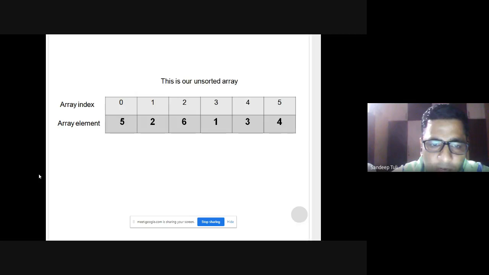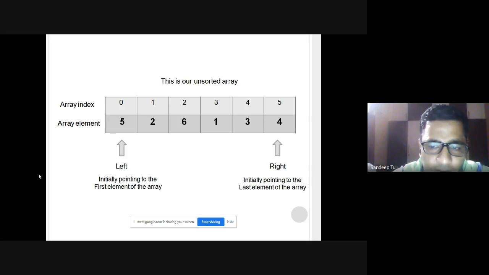Okay, now what we need to do? First of all, we will take a left variable which points to the lower bound of the array. It means it will point to the first element of the array. Similarly, we will take a right variable which initially points to the last element of the array.